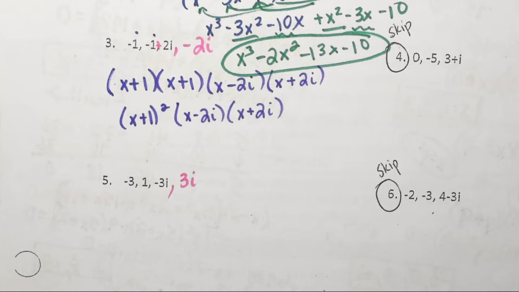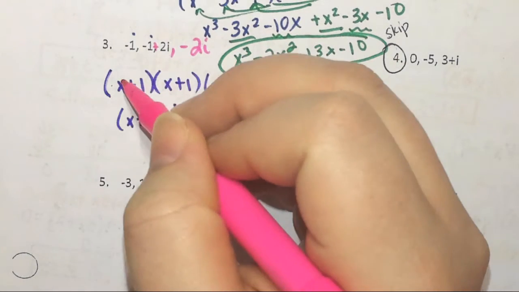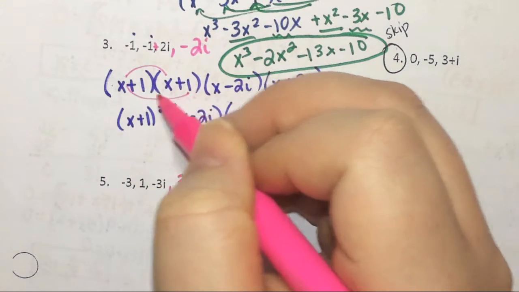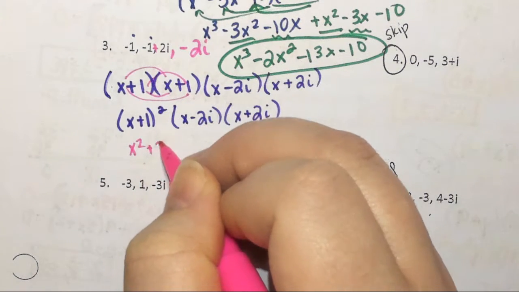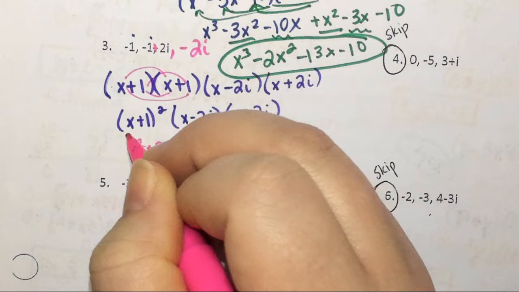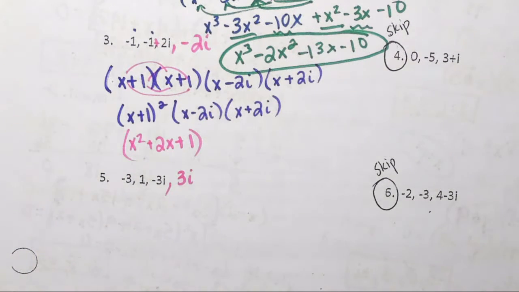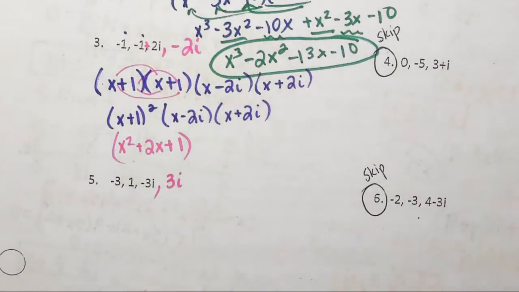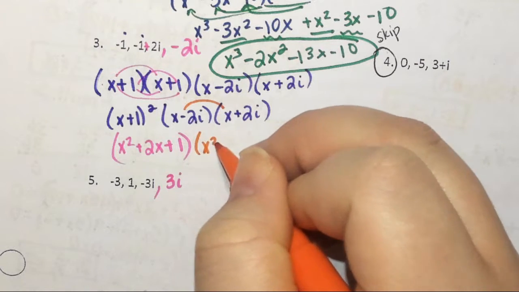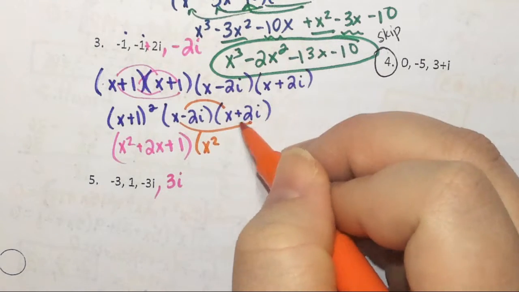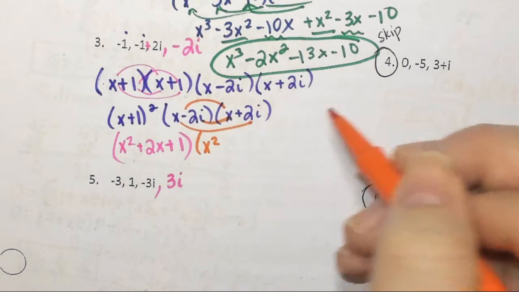Okay, so I could FOIL all these things out. If I go back to this step and FOIL that out, x plus 1 squared, I would have x squared plus 2x plus 1. If I FOIL this imaginary guy all the way out, I would have x squared plus 2ix minus 2ix.